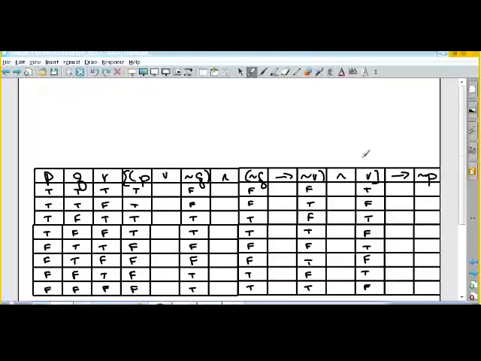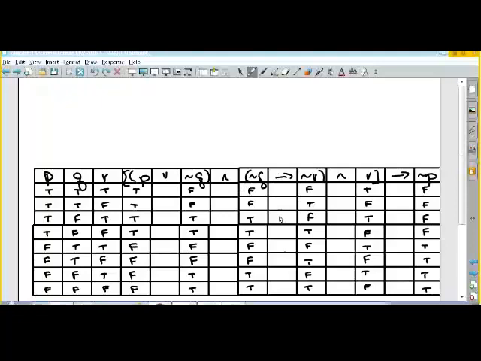And then finally the negation of P, which is instead of 4 trues, it's going to be 4 falses, and then 4 trues. So those are all. Does everybody understand? See if anybody not get that.